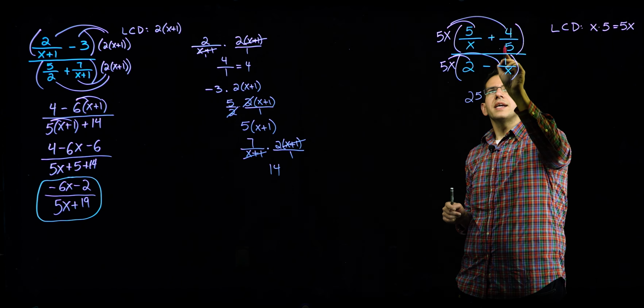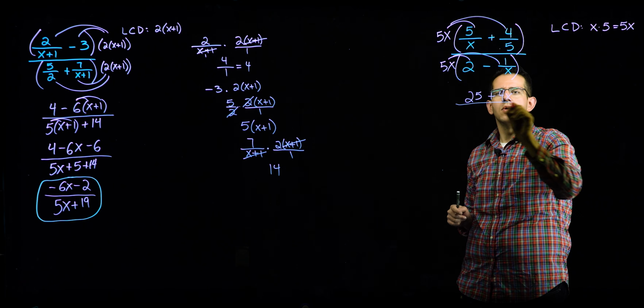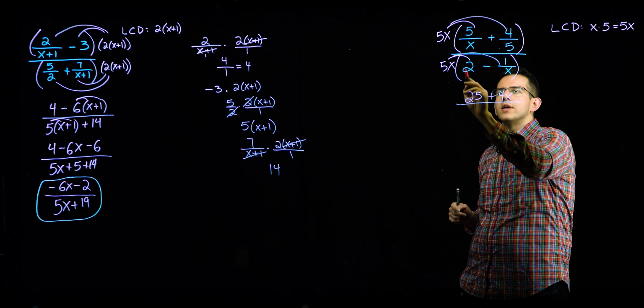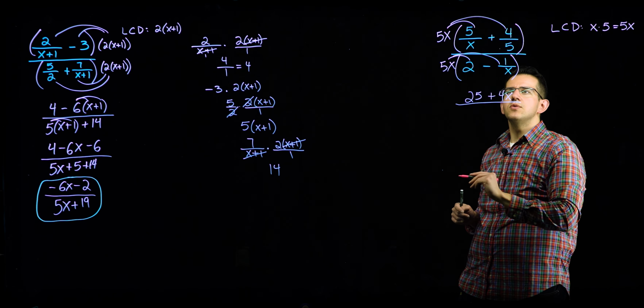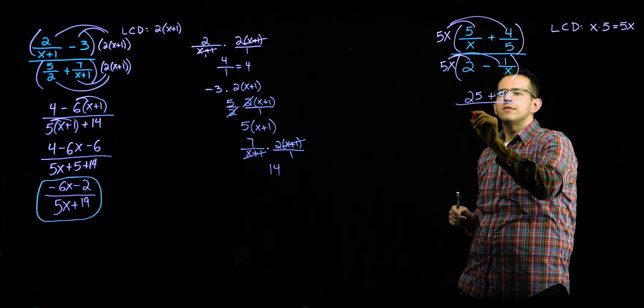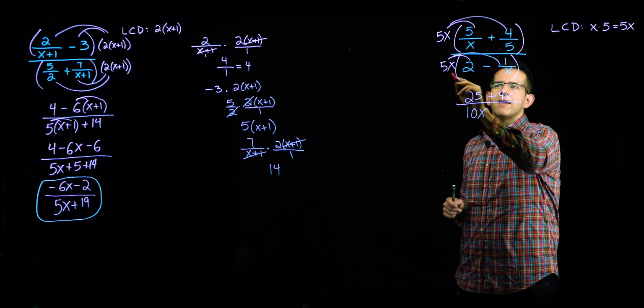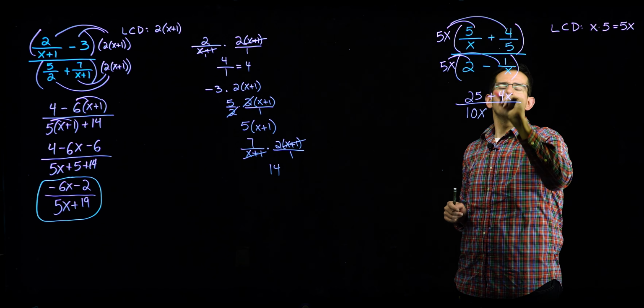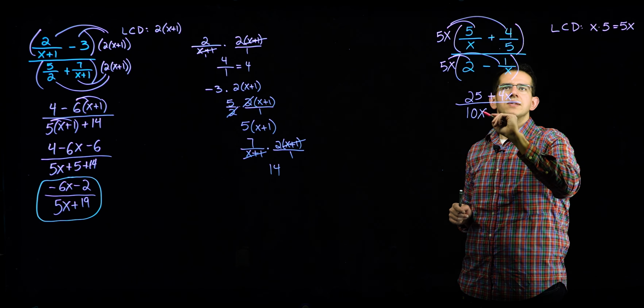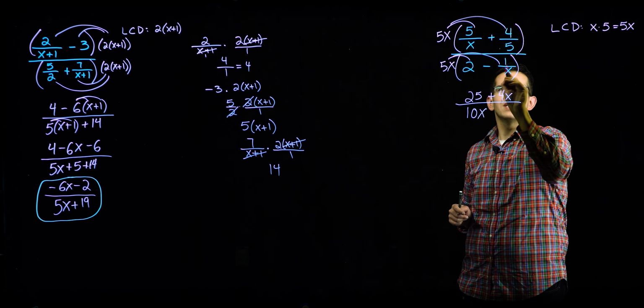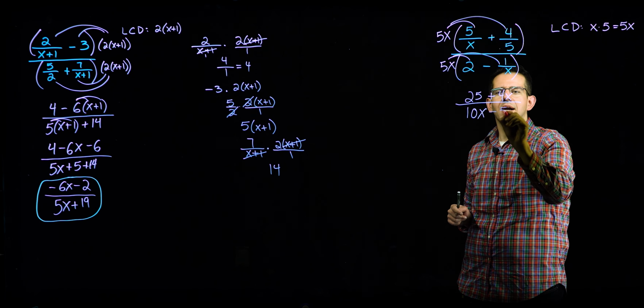In the second case, we distribute to 4 over 5. The 5's will cancel out, leaving us with this x and this 4, so we get plus 4x. Over here, we have 5x times 2 gives us 10x. And here we have 5x times minus 1 over x. The x's will cancel out again, leaving us with 5 times -1 is minus 5.